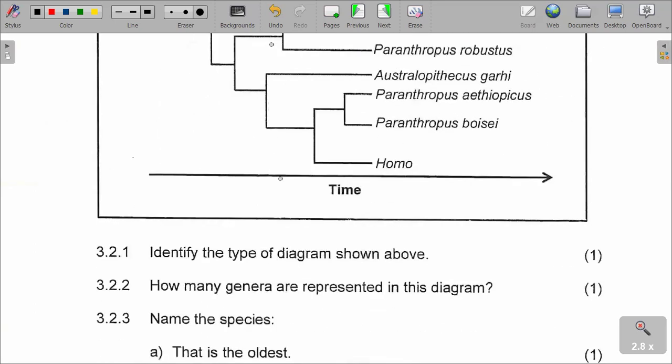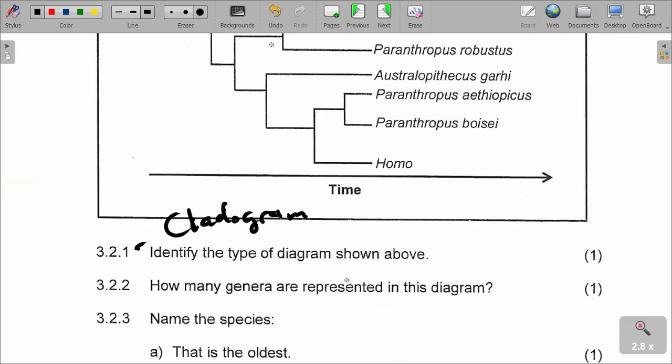Identify the type of diagram shown. This is a cladogram. It's an evolutionary tree diagram.